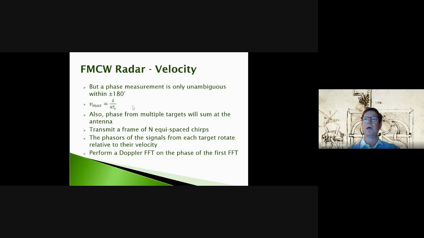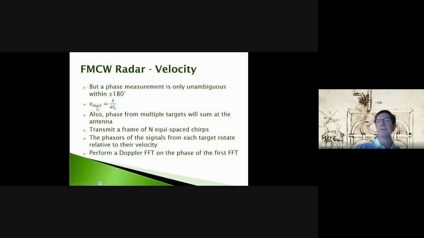If you moved too far within that time of the two successive pulses, the chirps, then you're going to get a measurement ambiguity, and your phase might really be 540 degrees, but you think it's 360 less than that, right?